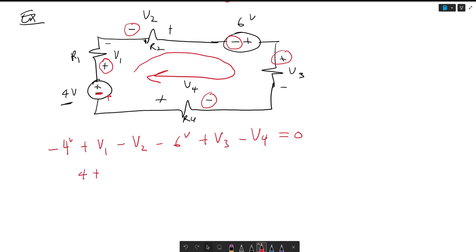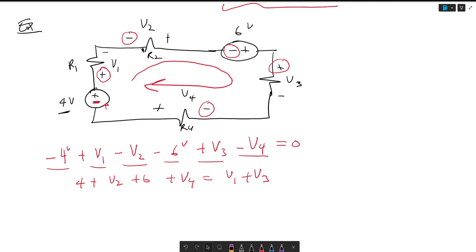And it says that 4 plus V2 plus 6 plus V4 is equated to V1 plus V3.